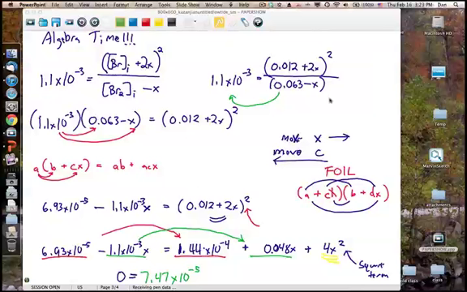This becomes 1.1 times 10 to the negative 3 plus 0.048, which is 4.91 times 10 to the minus 2 x, and plus 4x squared.